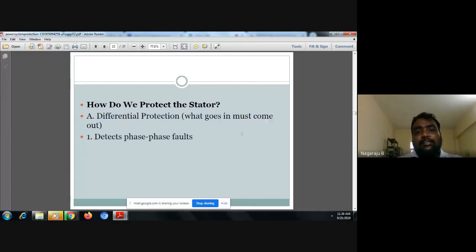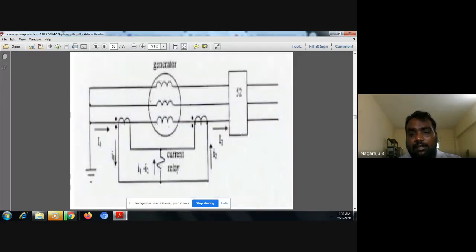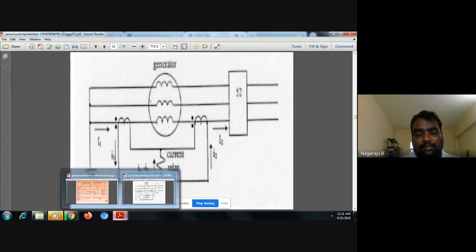How do we protect the stator of the generator? First of all we need to detect the phase-to-phase fault and where it is, and then we get protected by using differential protection. First you need to detect a phase-to-phase fault and isolate it. Then you can protect the generator, by using current relays and potential relays.